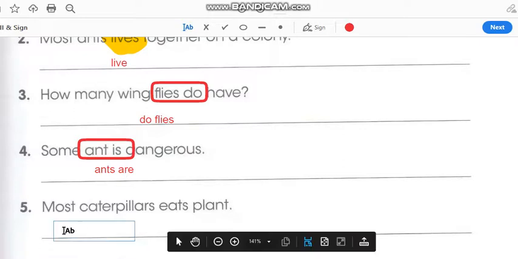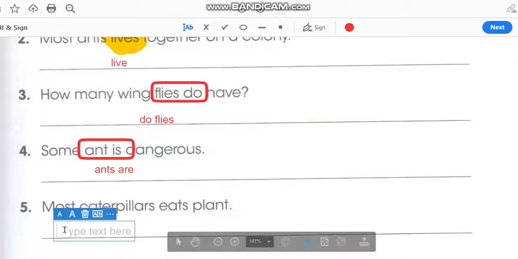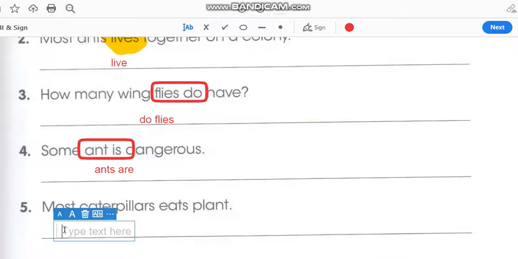Number 5: most caterpillars eats. طبعا بعض من اليرقات يأكلون planet. No, they don't eat planet. They eat what? They eat what?